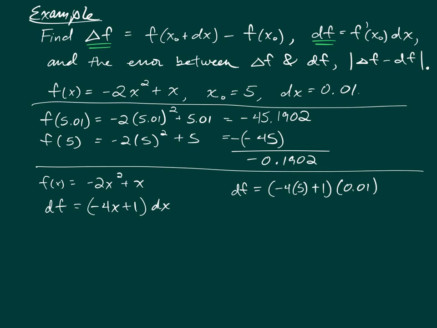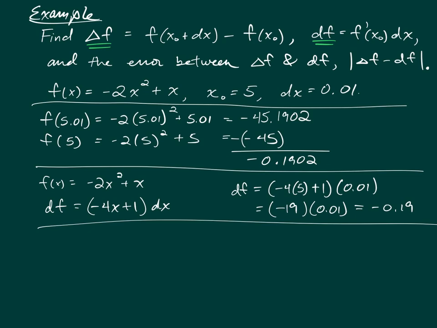Sorry, this is plus 1 here. There we go. So this is negative 19 times 0.01. That is negative 0.19. So using the linearization at that particular point, we know that we should get the answer negative 0.19.